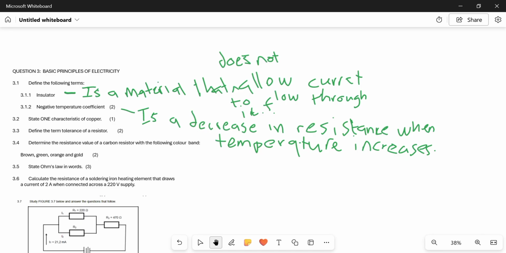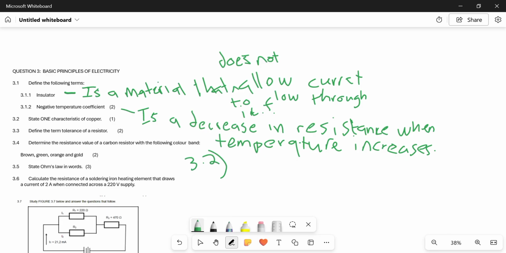Let me write it here. 3.2. State one characteristic of copper. I think at the start of the video I explained what conductors are, what insulators are and what good conductors are. So copper, I regarded it as a good conductor. If I didn't explain this, my apologies.